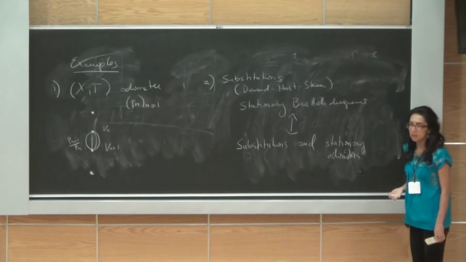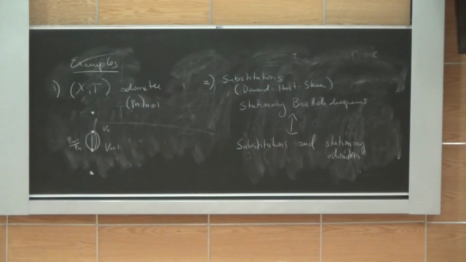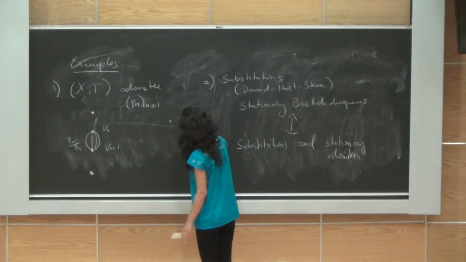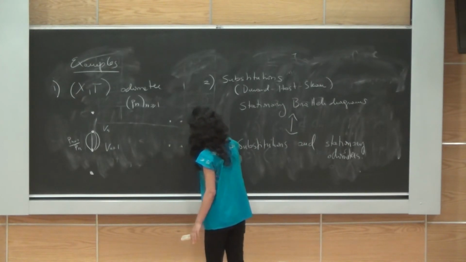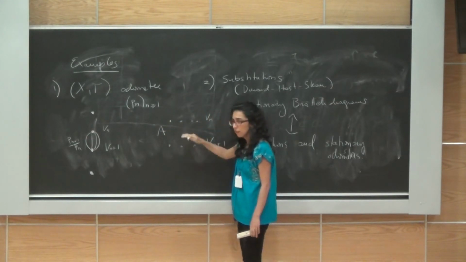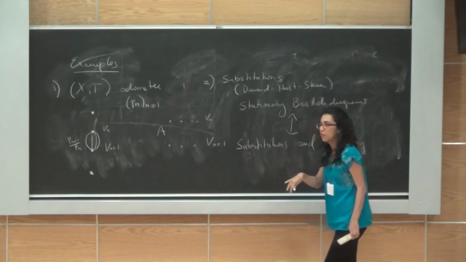And for Toeplitz systems, stationary means that at each level you have exactly the same matrix and also the same order. It's order and matrix.